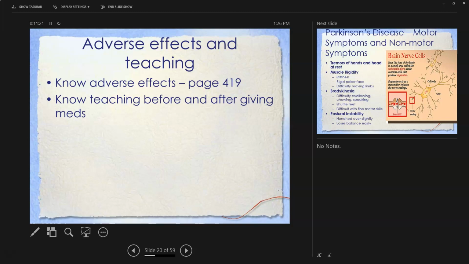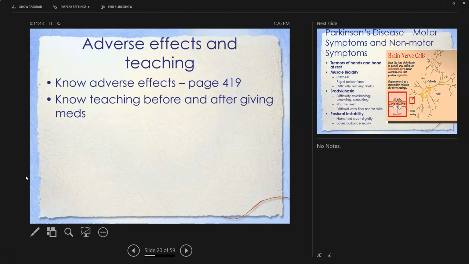Before giving a drug, you need to obtain a baseline weight, blood pressure, heart rate and rhythm, and ask about weight loss, nausea, and vomiting, if they've had any of that. Ask about any urinary output issues. Check their hemoglobin and hematocrit levels before giving these meds.